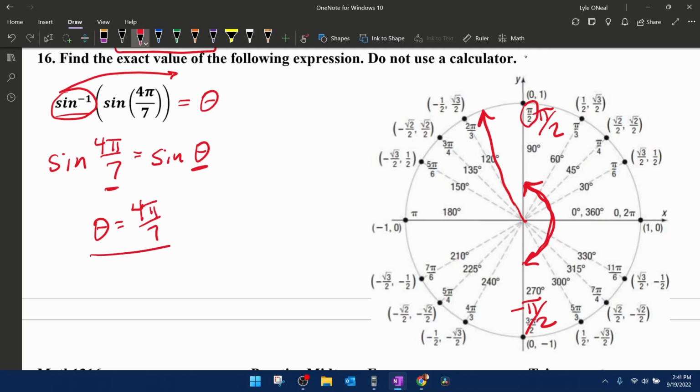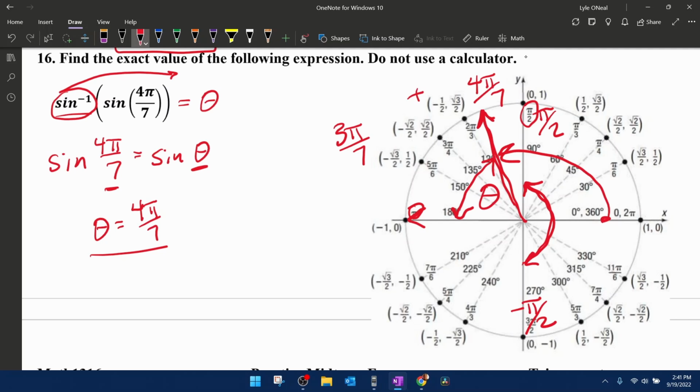All right, so how do we get our correct equivalent answer? Well, we know that this is 4 sevenths right here, okay? So to go from 0 to here would take 4 pi over 7. I want to know how much would it take to get on to pi. Well, if I'm at 4 sevenths, would you agree that I would have to go 3 more sevenths to get to pi?